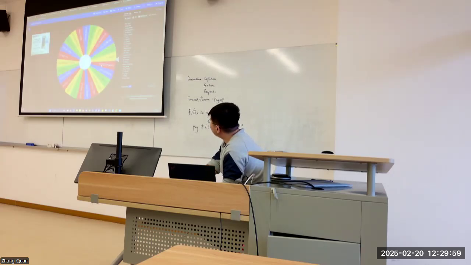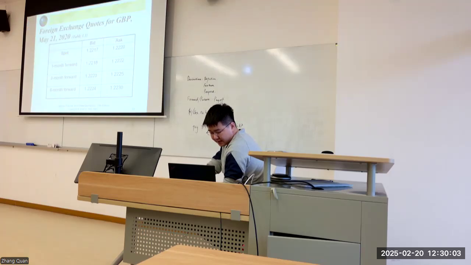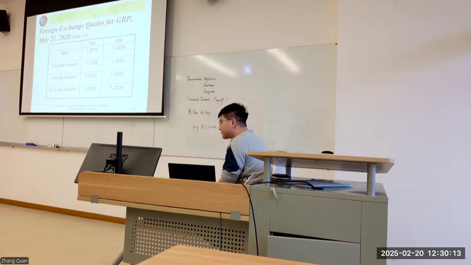But then why do we have two prices for the same product at the same time? Why do we have bid and ask? What is the difference between bid and ask? The seller and buyer of this product. Who gives the bid, who gives the ask price?